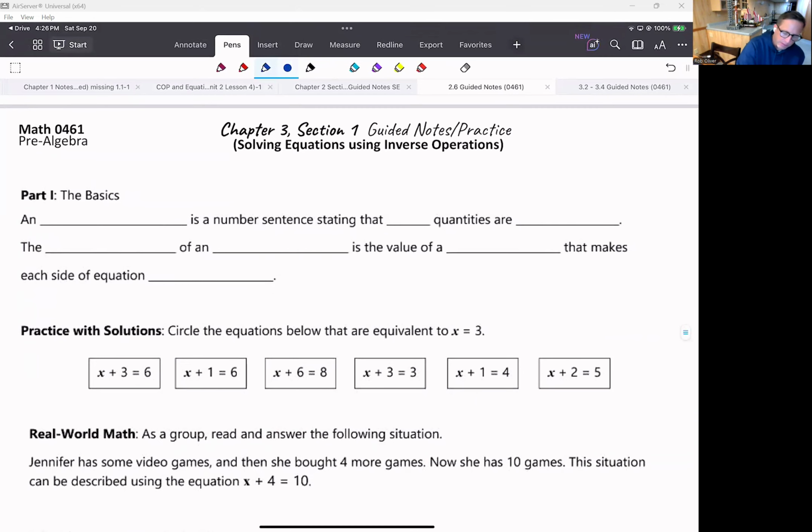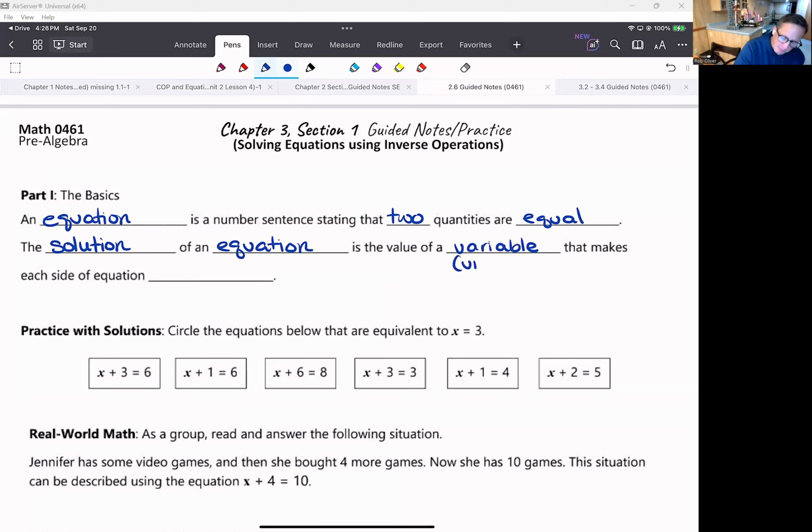So the basics. What is an equation? An equation is a number sentence stating that two quantities or two expressions are equal to each other. The solution of an equation is the value of a variable.